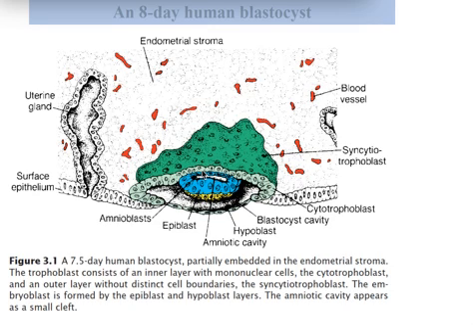By day 8, you see in this figure that the blastocyst is still partially embedded in the endometrium. And this is the embryoblast that I talked about before. It has differentiated by the beginning of the second week, by day 8, into 2 layers.